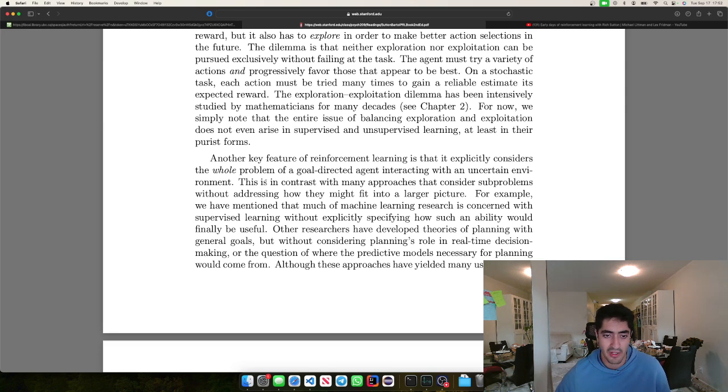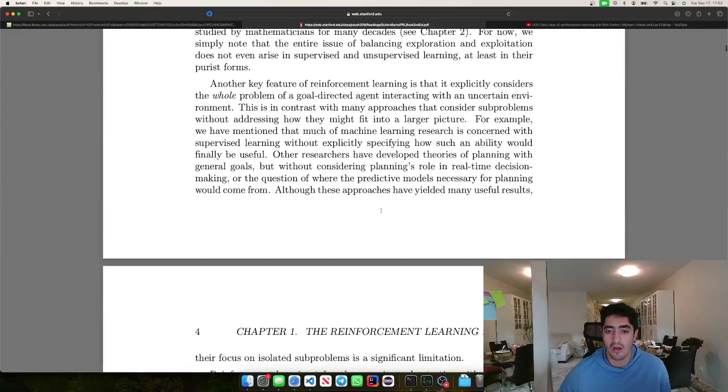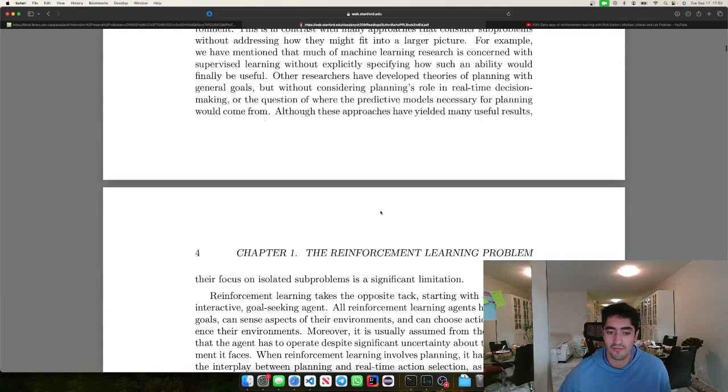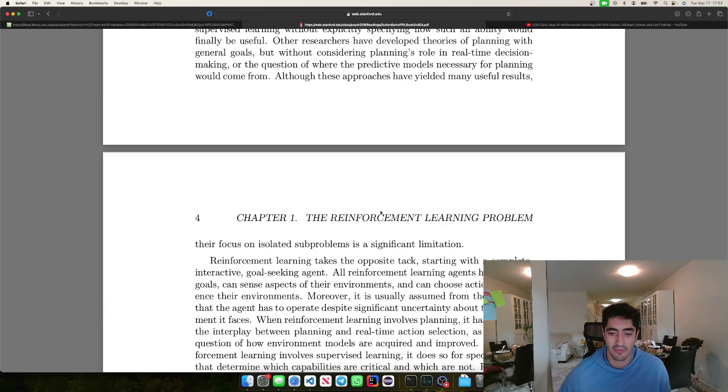For example, we have mentioned that much of learning research is concerned with supervised learning without explicitly specifying how such an ability would finally be useful. Other researchers have developed theories of planning with general goals, but without considering planning's role in real-time decision-making or the question of where the predictive models necessary for planning would come from. Although these approaches have yielded many useful results, their focus on isolated subproblems is a significant limitation.